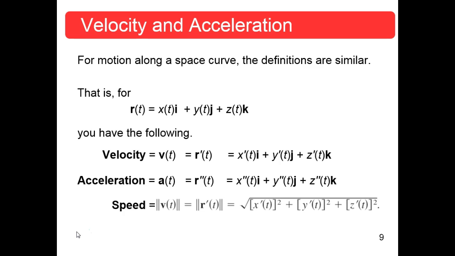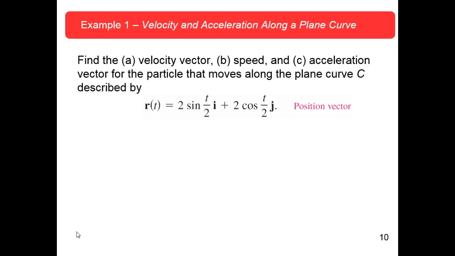Acceleration, the second derivative of the displacement vector, which is x double prime of t i plus y double prime of t j plus z double prime of t k, and the speed would then be the magnitude of the velocity vector, which is the square root of x prime squared plus y prime squared plus z prime squared. Scalar quantity, no direction associated with it. All right, make sense?